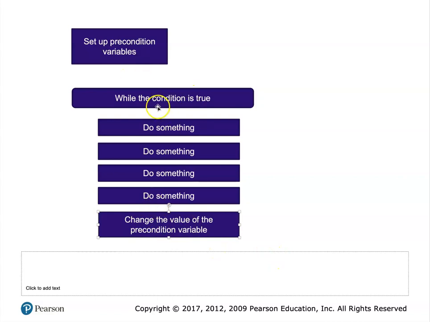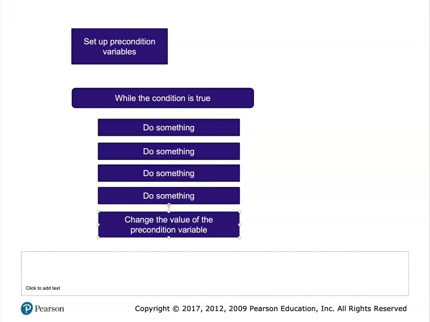So before we go into the while loop, we need to set something up that's going to be the condition by which the while loop will end. And we want to usually set it up so that the while loop goes into the process. Then the while loop's going to come through its statements, and it's going to change the value of the precondition value as part of the body of the loop.